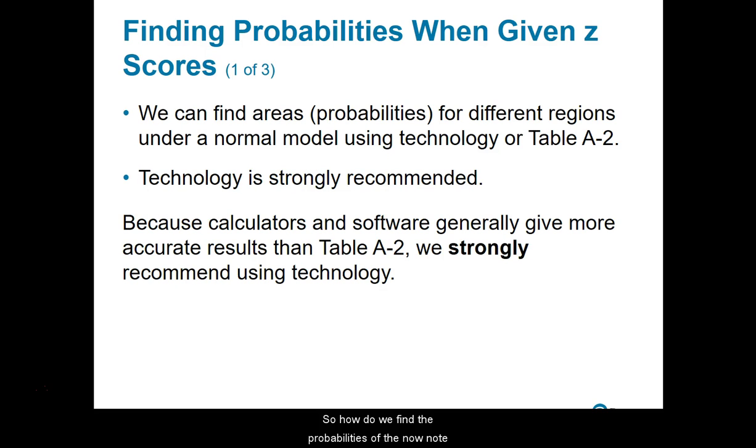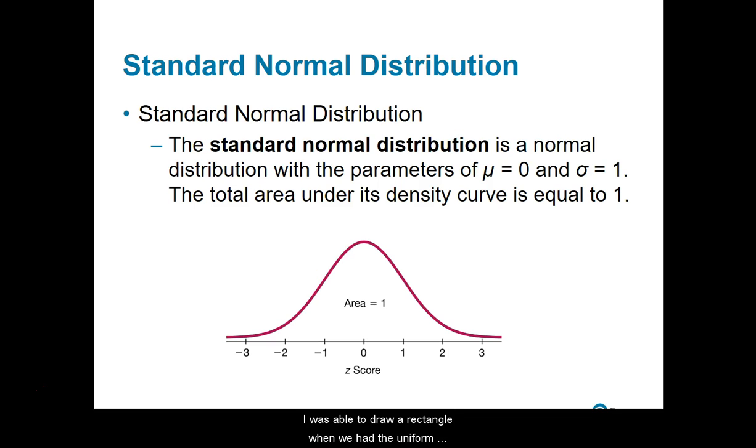So how do we find the probabilities of the areas? Now note, I was able to draw a rectangle when we had the uniform probability density. Here I can't quite do the same thing, mainly due to limitations in Microsoft. But I can still say what is going to be my area from negative infinity up to 0.